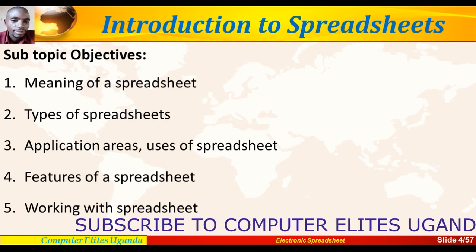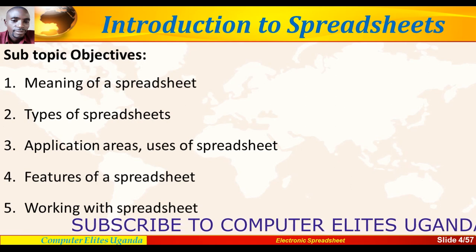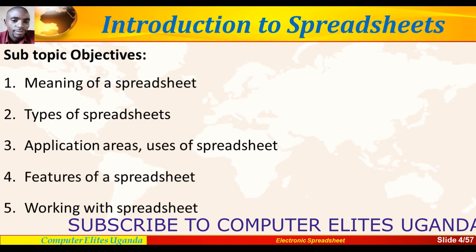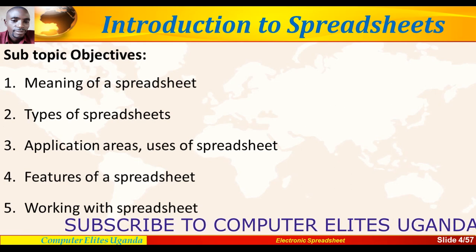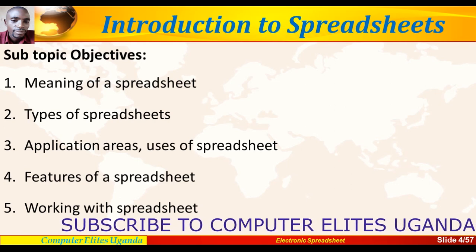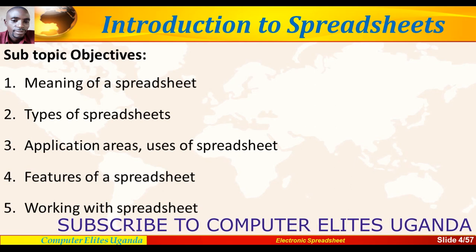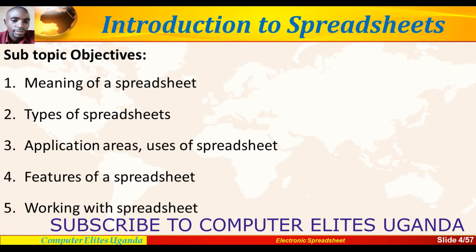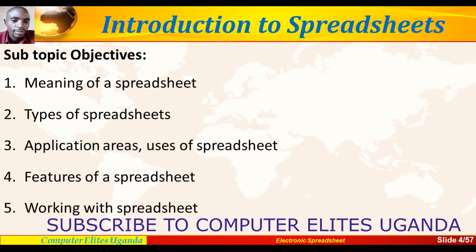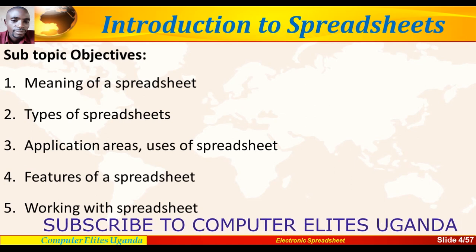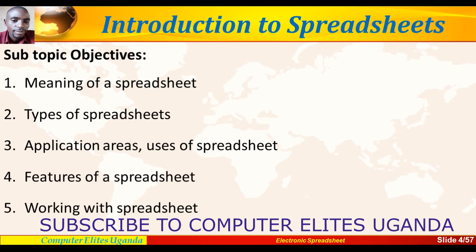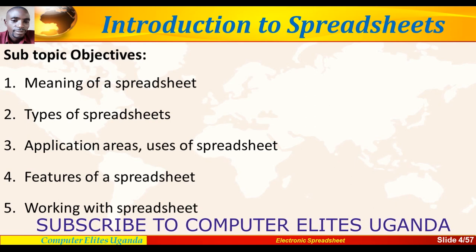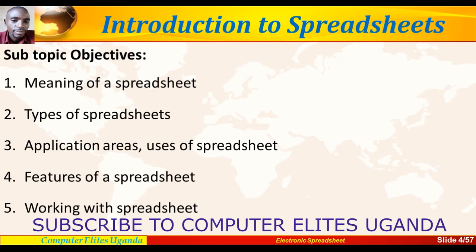Three, the application areas and the uses of spreadsheet. Four, the features of a spreadsheet. And five, working with a spreadsheet. Those are some of our topics within this electronic spreadsheet.